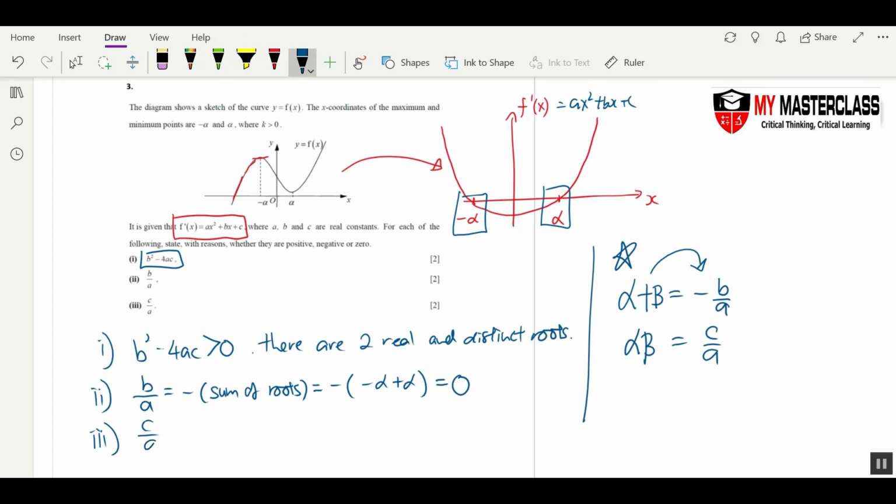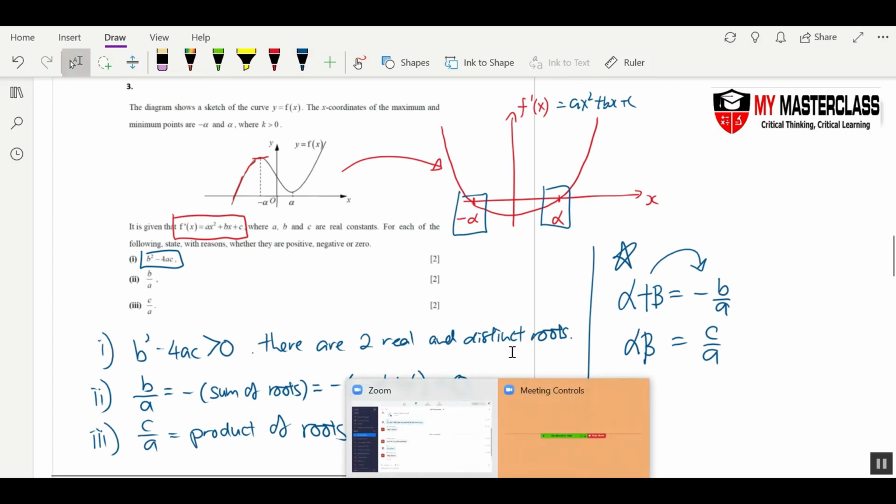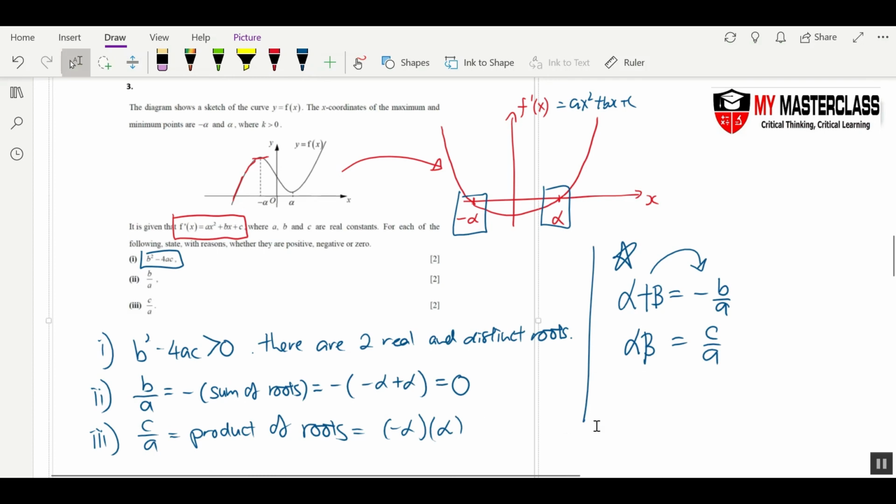Okay, next one, c over a is equal to the product of roots, which is equal to negative alpha multiplied by alpha, which is equal to negative alpha squared. A square number is always positive. So the negative of an alpha squared, greater or smaller than 0? Smaller than 0. Well done.